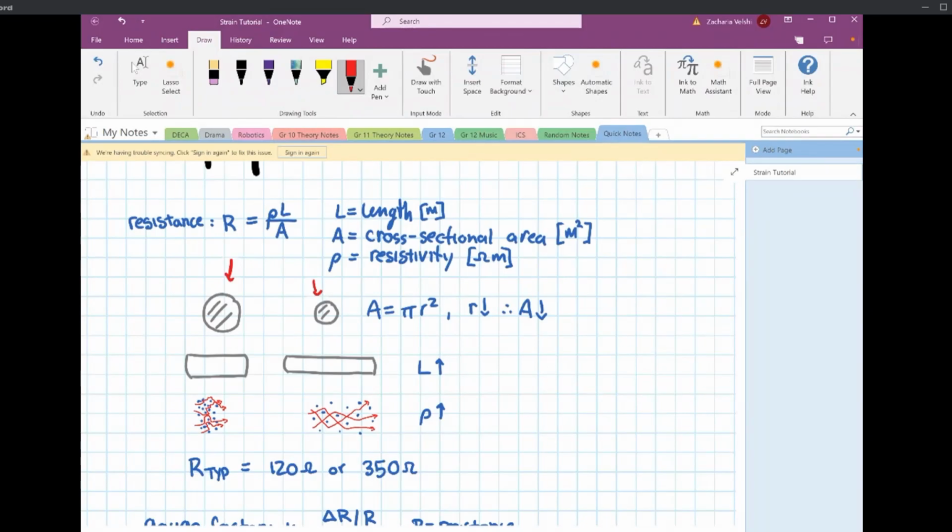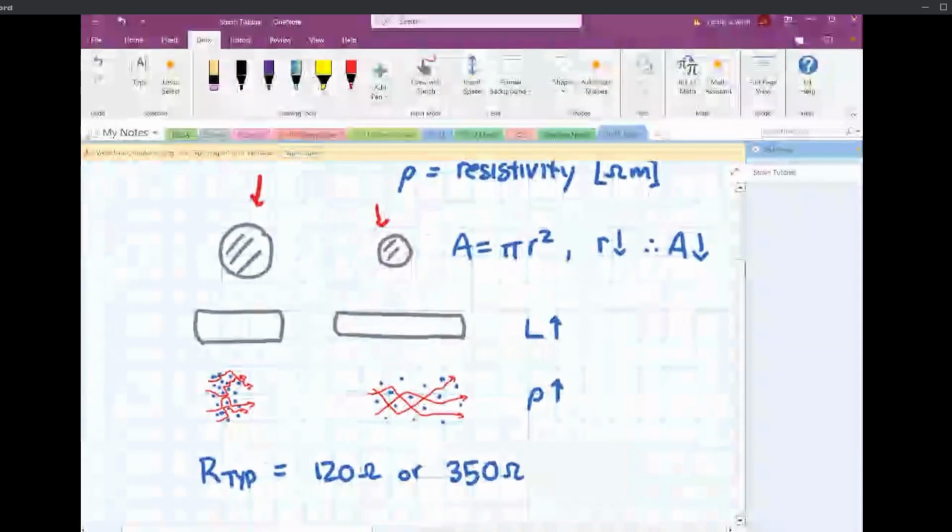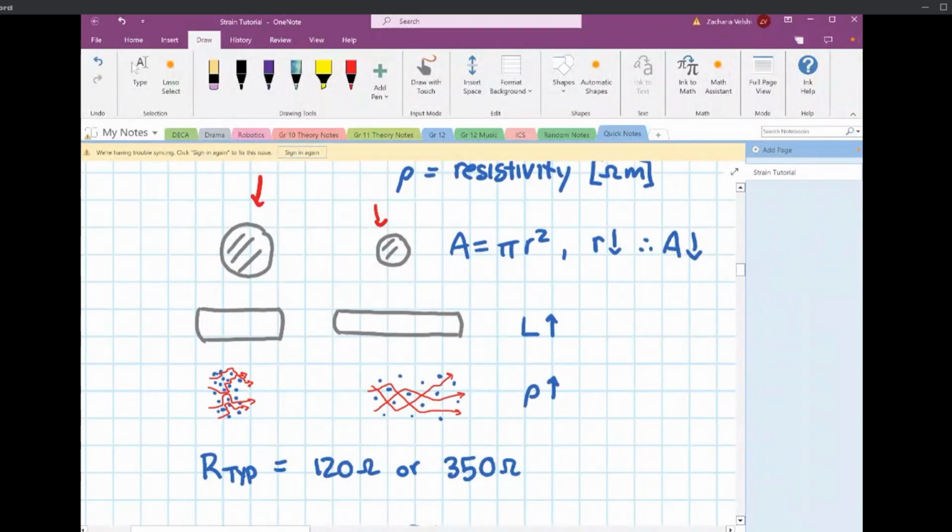And fundamentally for the resistivity part, the density of the atoms that make up the material gets stretched apart, because you're keeping the same volume, but the atoms are spread out over a longer length, and that allows electrons flowing through to travel a little bit less impeded.